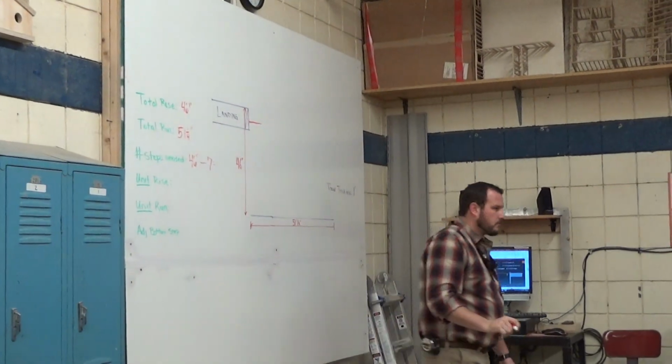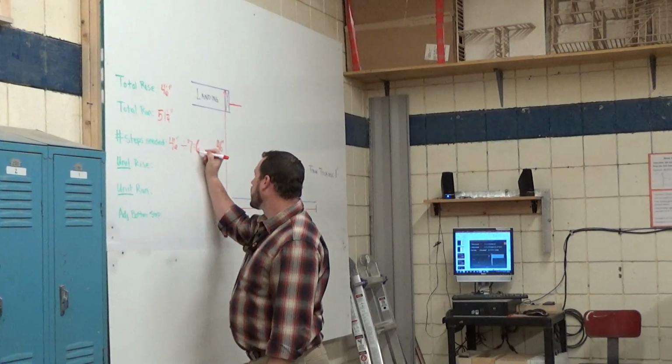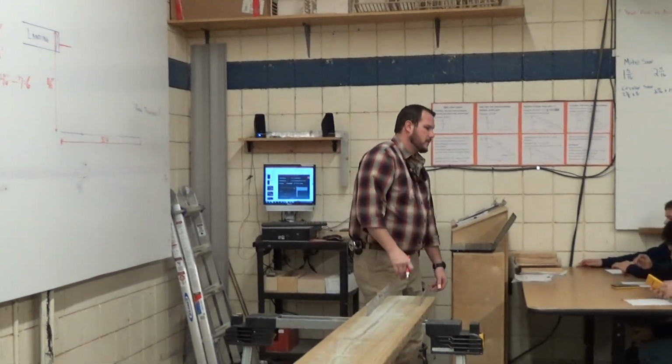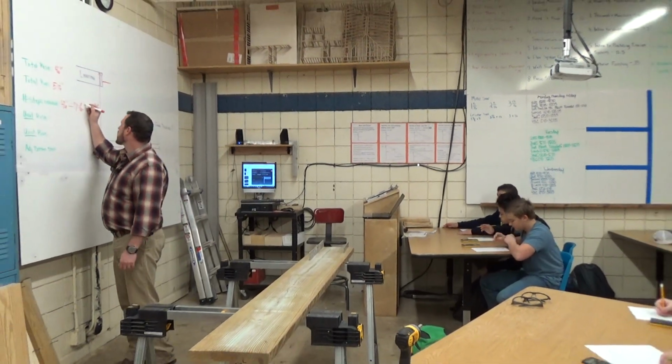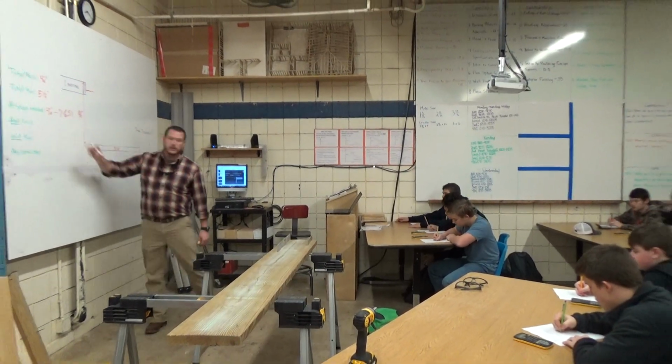You're going to get what? Give me the decimal, for those of you that don't have a construction calculator. 6.57. Now, if you've got a construction calculator, it does this for you, and all it does is what I'm telling you.